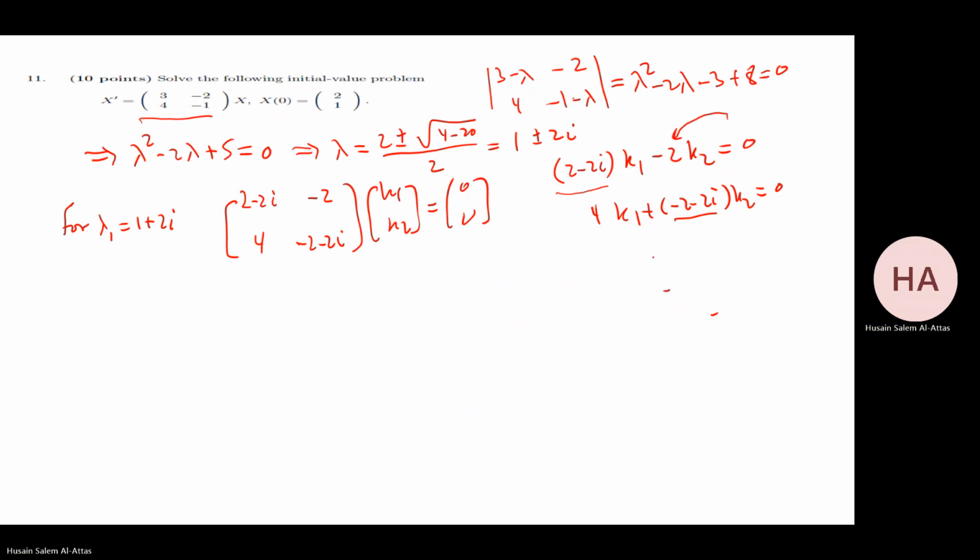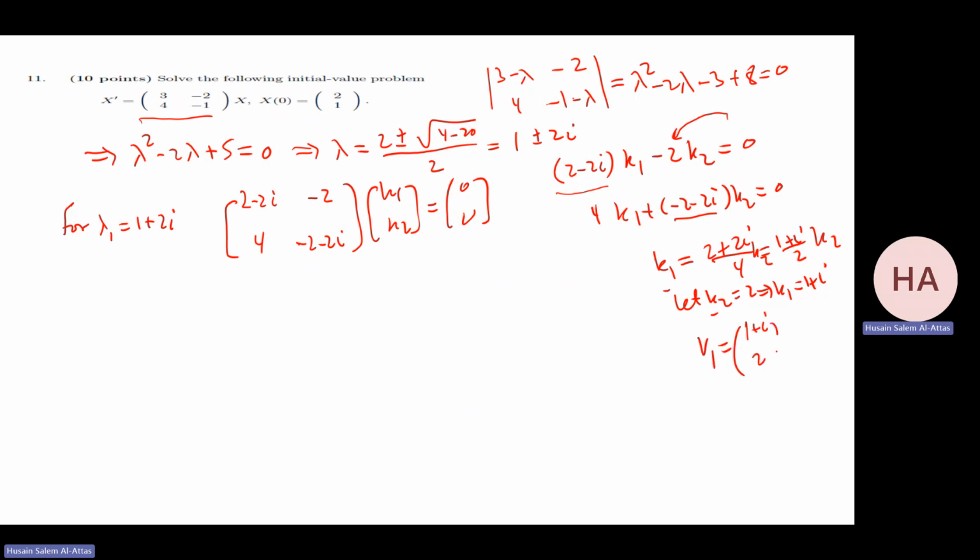So k1 equal what? 2 plus 2i over 4, or 1 plus i over 2, k2. So I did k2 as 2. K1 will be 1 plus i. So V1 will be 1 plus i, 2, which is 1, 2 plus 0, 2 i. Yeah. So X1 will be B1.